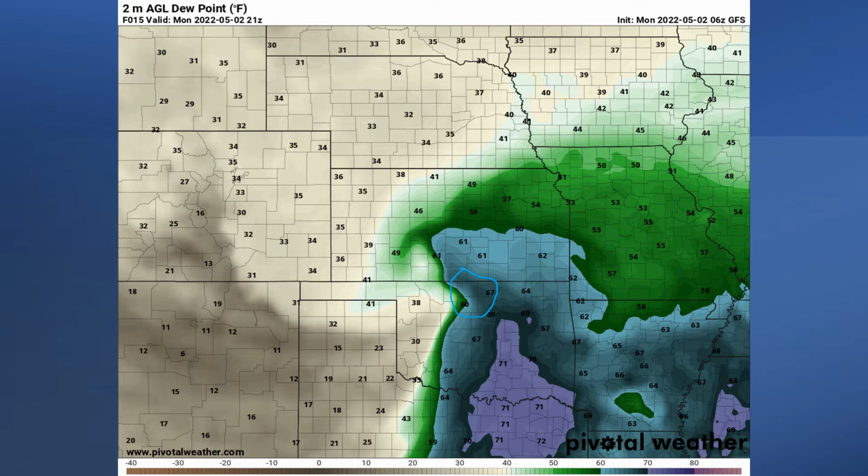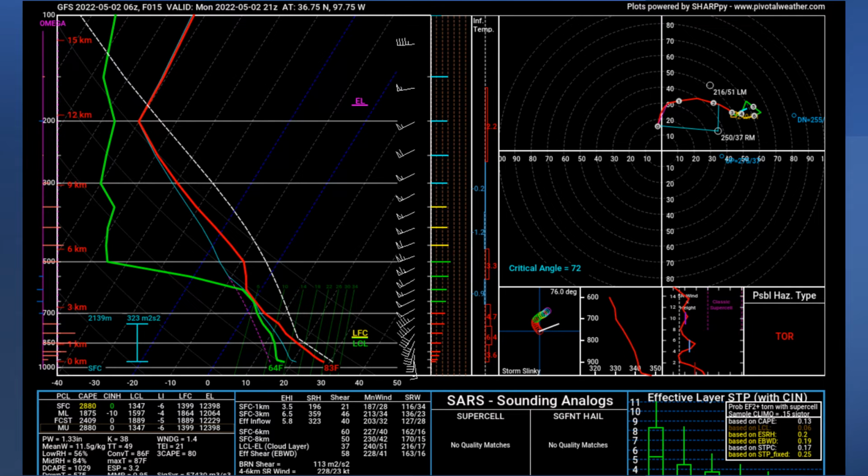And right here, wherever it's 67 degrees Fahrenheit, I think this area along here and closer to Tulsa is the greatest risk. Whenever you have a little notch here in the plains, I always look for tornado potential with that notch.